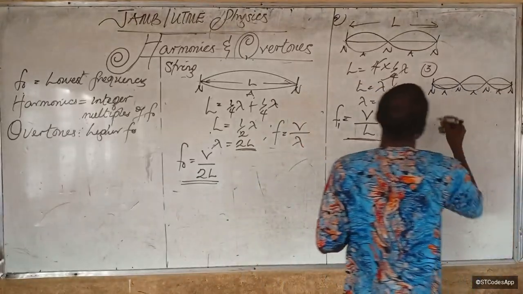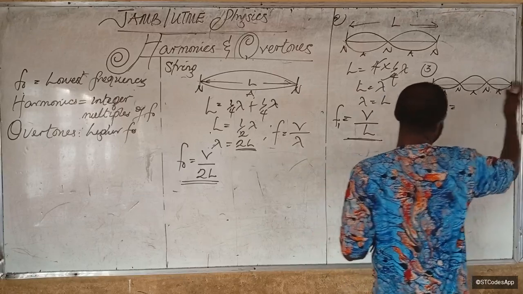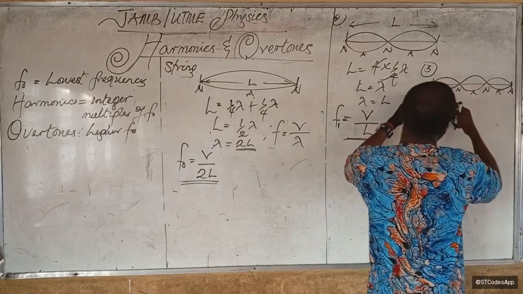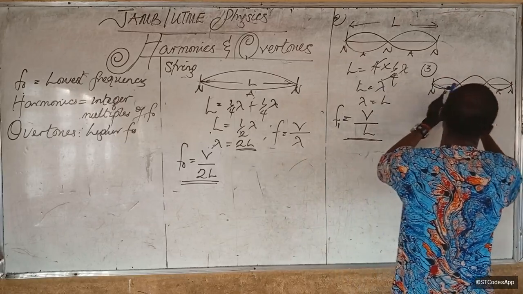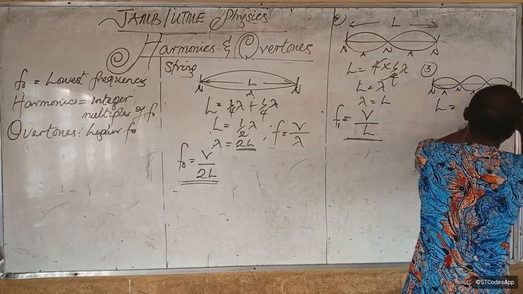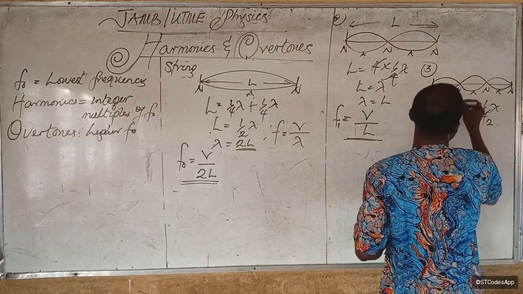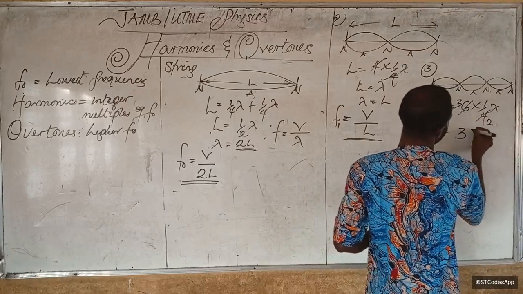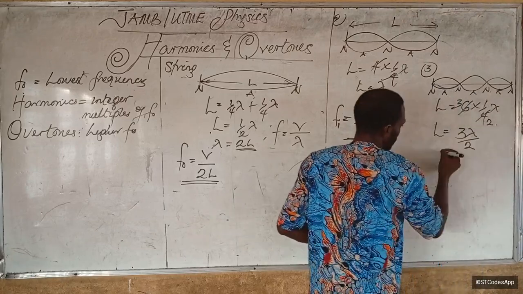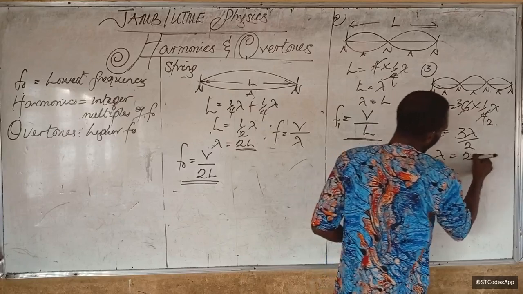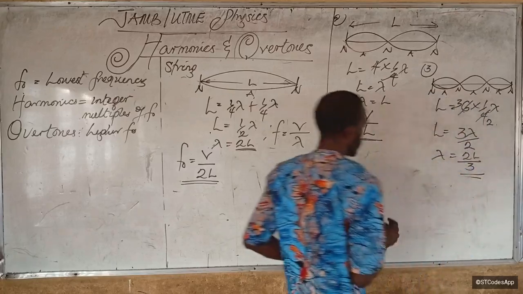Okay, so the entire length of this string covers how many wavelengths? How many quarters? 1, 2, 3, 4, 5, 6 quarters. That will be 6 quarters wavelength. 2 here, 2 here, 3. And the length will be equal to 3 lambda over 2. Let's make lambda the subject. That becomes 2L over 3. Does that make sense?